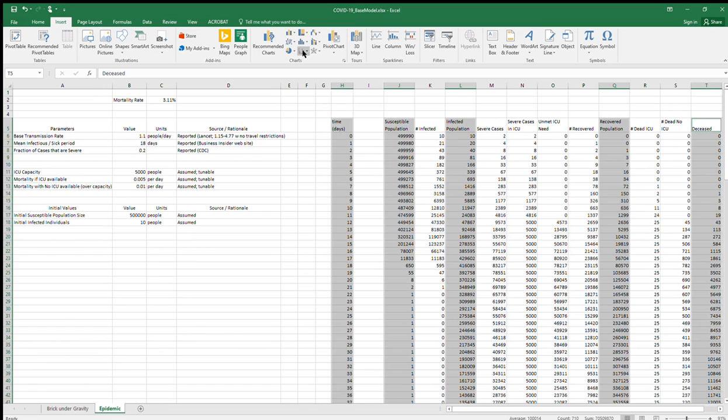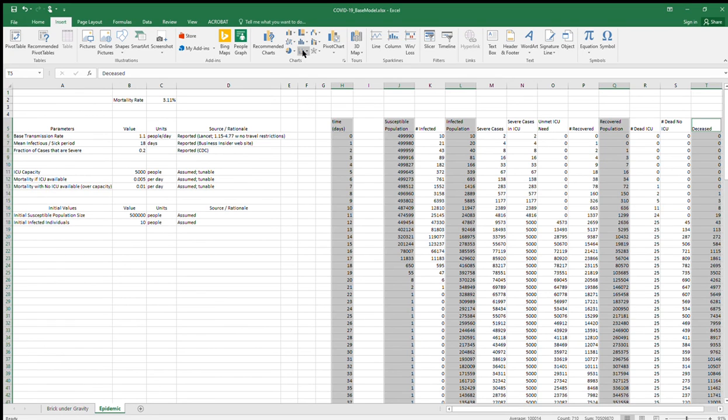And just like in the brick and gravity version simulation that we did earlier, the scatter plot is the way to analyze Y versus X data. In that case, there was only one Y data.